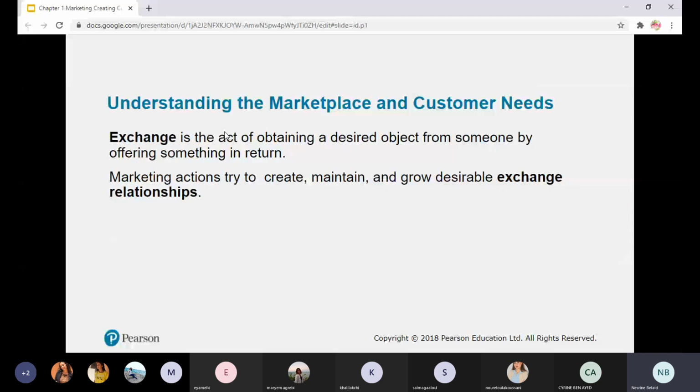We defined also exchange, which is the act of obtaining a desired object from someone by offering something in return. Why the importance of exchange? Because marketing actions try to create, maintain, and grow these desirable exchange relationships.